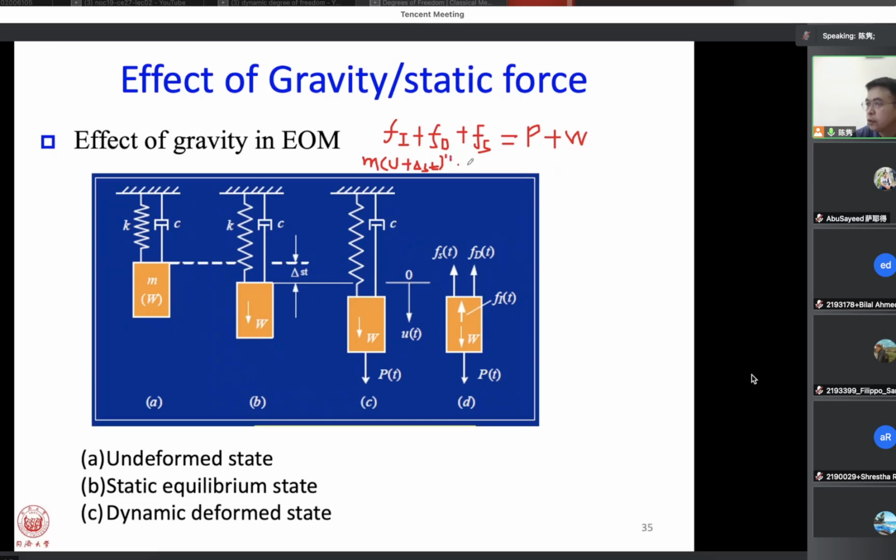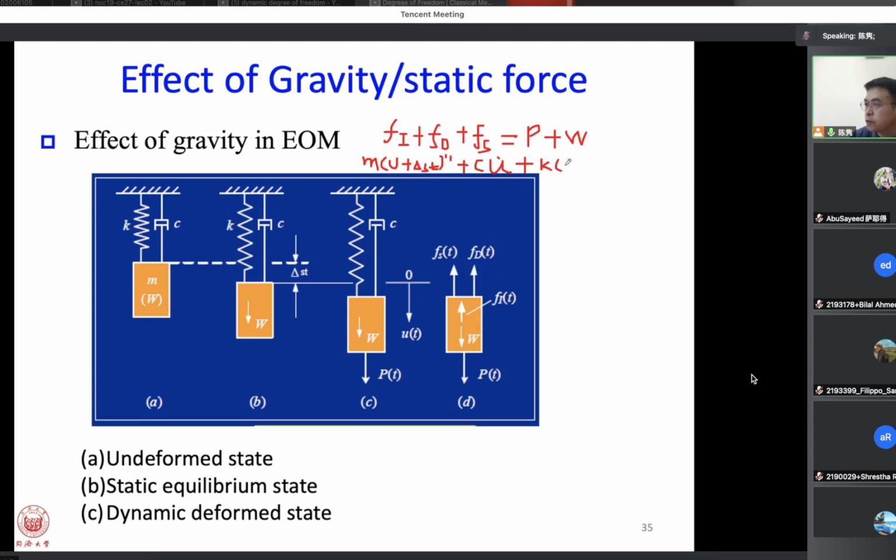And the damping force is only related to the relative velocity, so it should be c times u dot, because it only responds to the relative velocity. So its reference position is here. And the restoring force should be k.